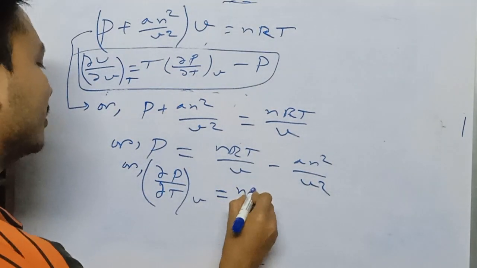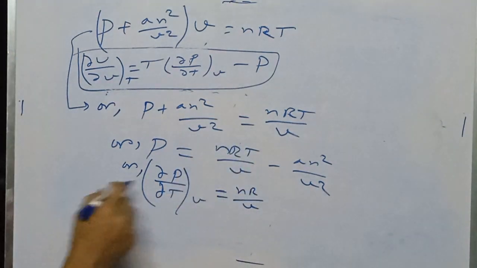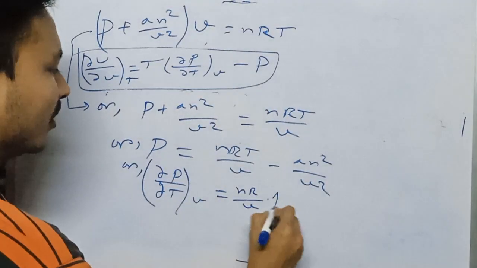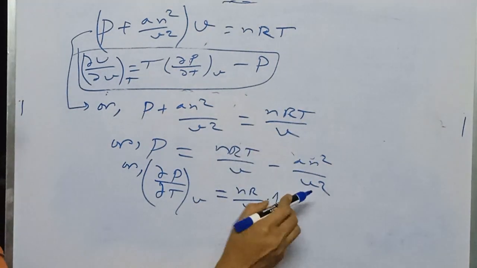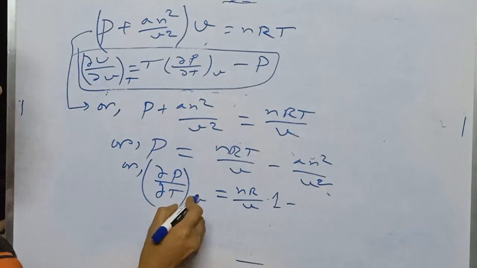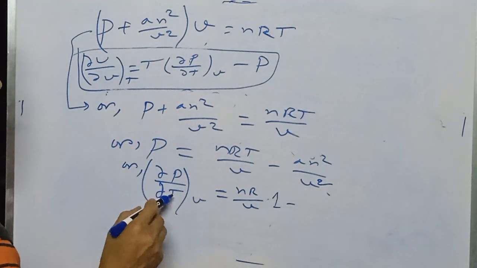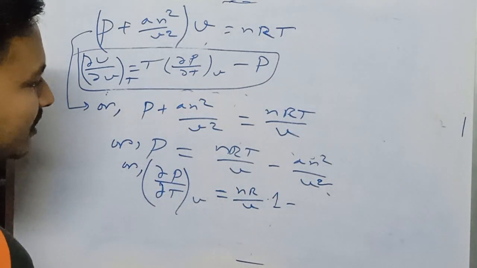So first write the constant term, and then differentiation of temperature with respect to temperature gives value 1, minus here a constant, n constant, and V is also constant, as we differentiate pressure with respect to temperature at constant volume, because this is a partial differentiation.